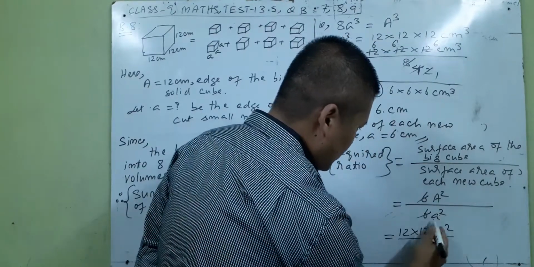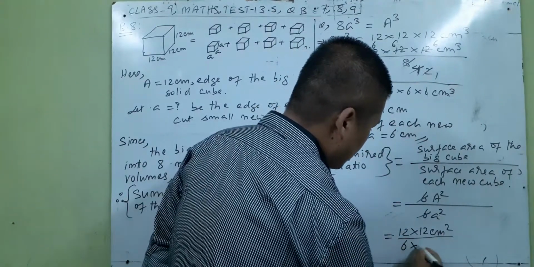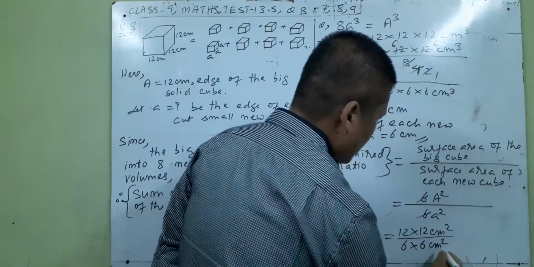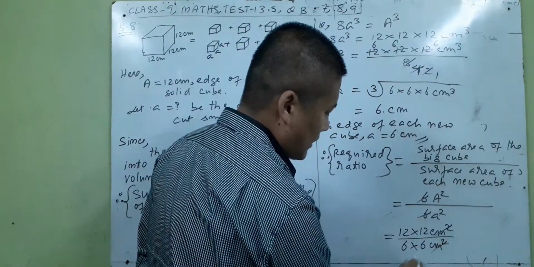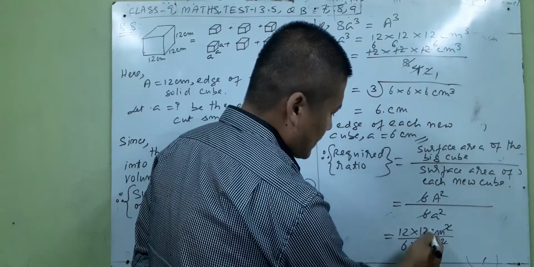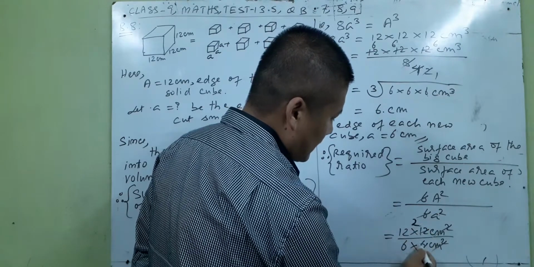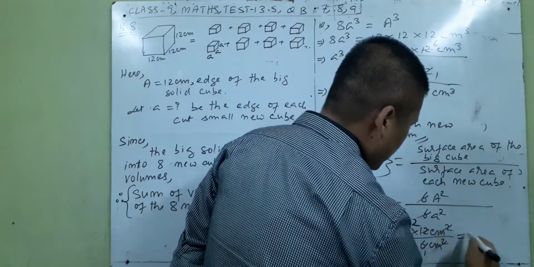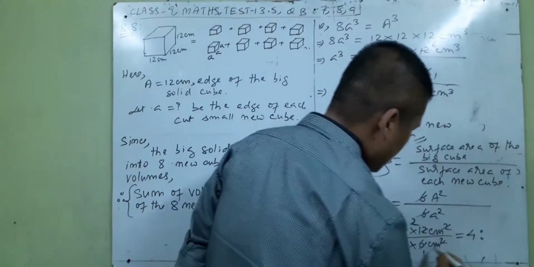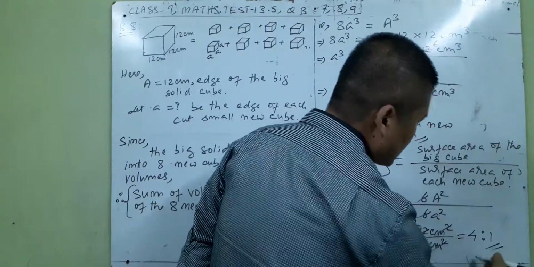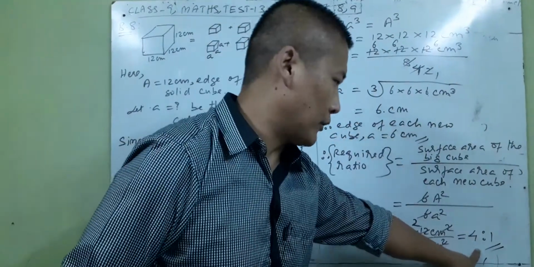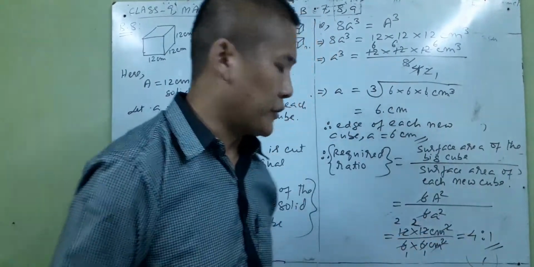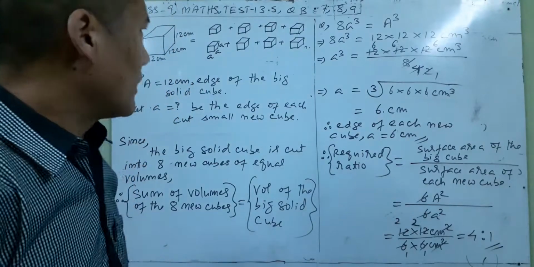Small a here is 6, so 6 into 6 centimeter square, because it is square. Here the centimeter square cancels. 6 1s are 6, 6 2s are 12, then 6 1s are 6, 6 2s are 12. So your answer will be: numerator 2 2s are 4 is 2, 1 1s are 1. This is just a ratio, where the double dot means divided by. 4 is to 1 we call it. So that is your answer.